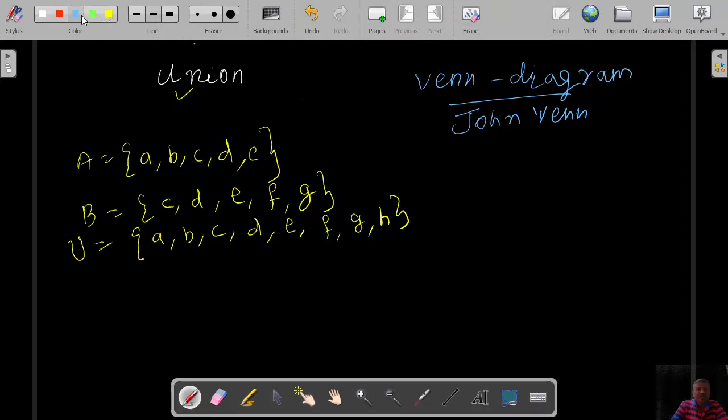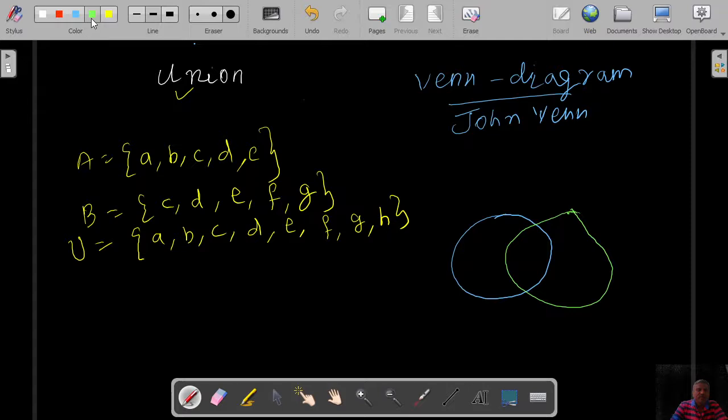I will take two sets like this. This is for the first set A, and we have another set B, and since we have common elements, I will draw like this, with an intersection. You can draw this correctly; I am just using the pen, so it's a little difficult. You can use a compass or a coin to draw neatly.